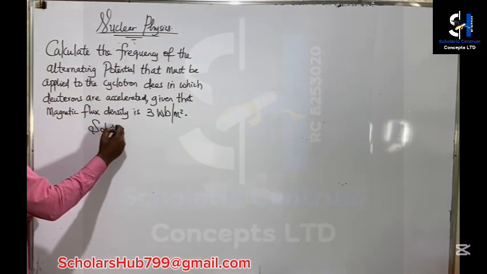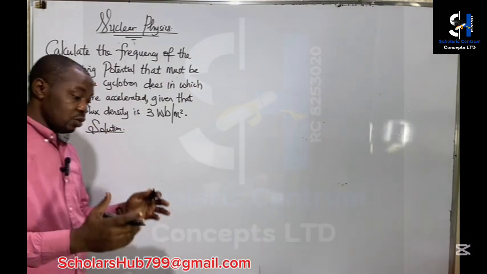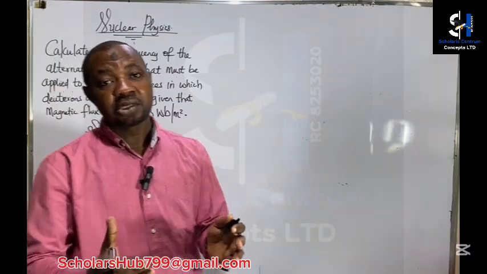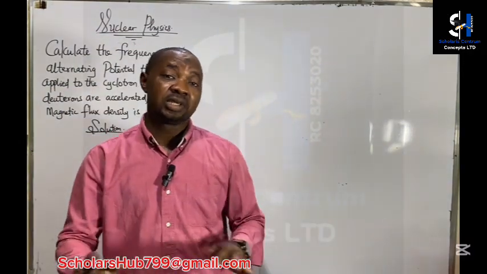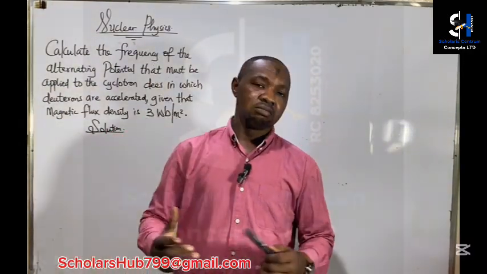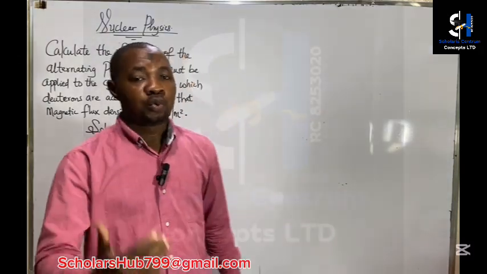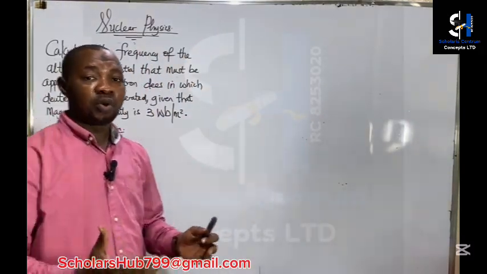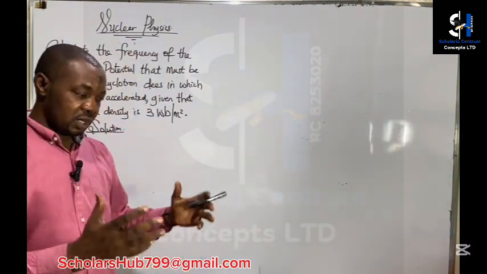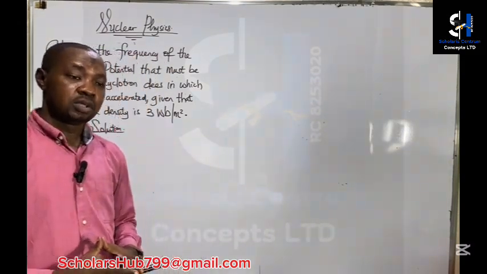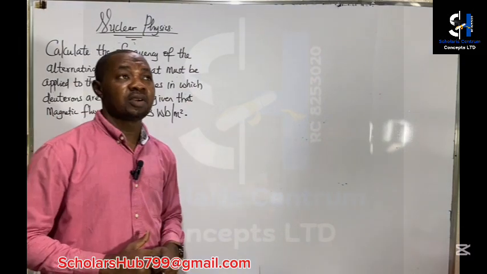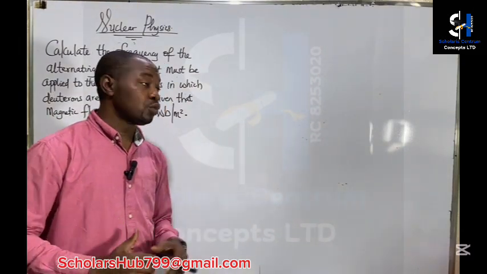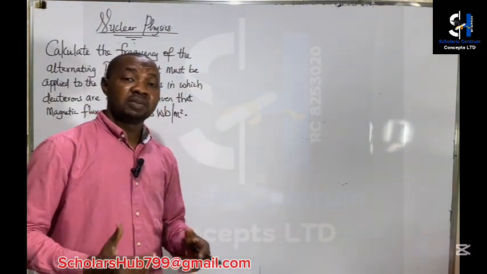We can prove this formula and draw the diagram of what a cyclotron looks like, but it is not necessary now. If I come across a question where I need to draw the diagram and explain the working principle of a cyclotron, the one I'm very sure about is the schematic diagram.